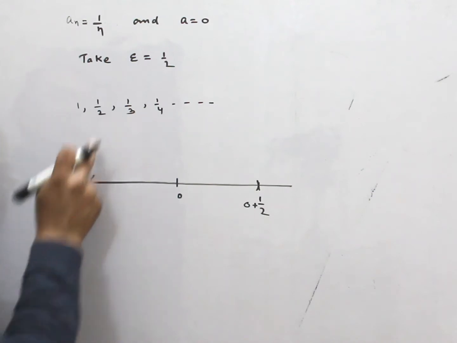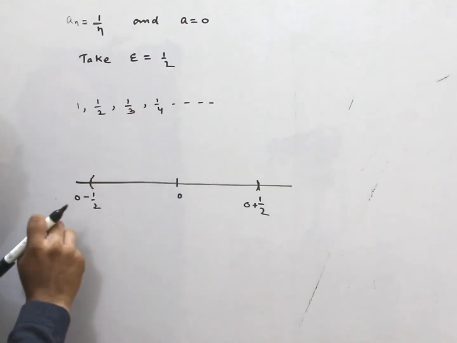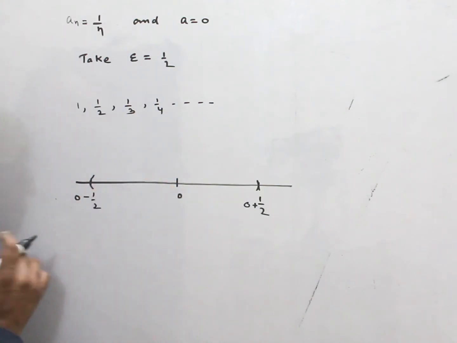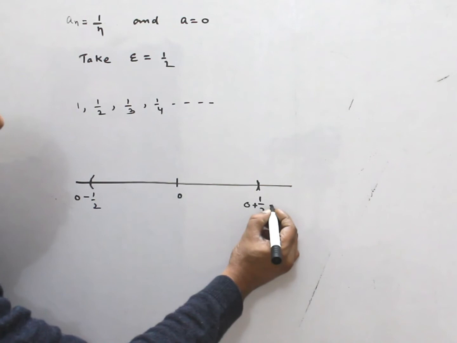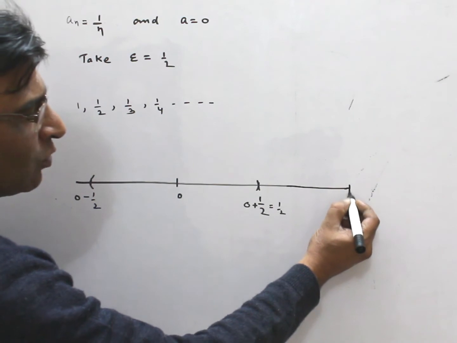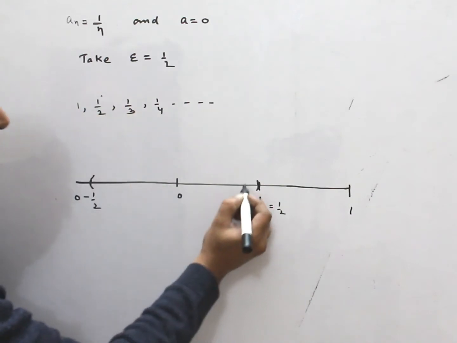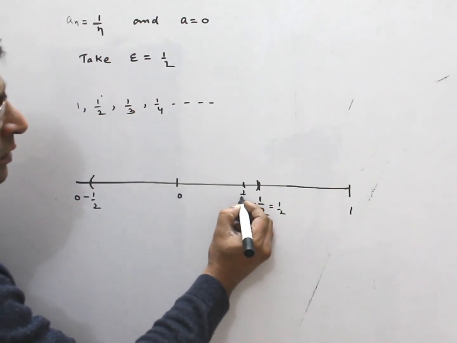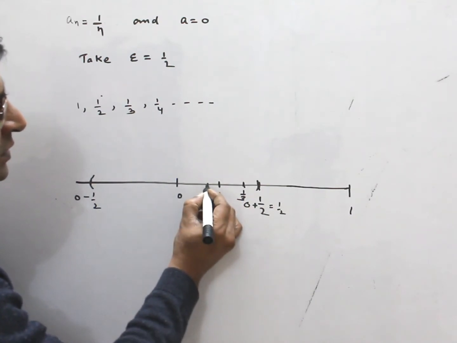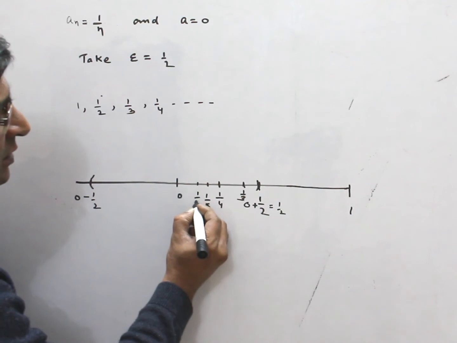Now we have chosen epsilon equal to 1 by 2. So you see how many terms fall in the neighborhood of 0. This point is 1, this is 1 by 2, this is 1 by 3, this is 1 by 4, this is 1 by 5, this is 1 by 6.